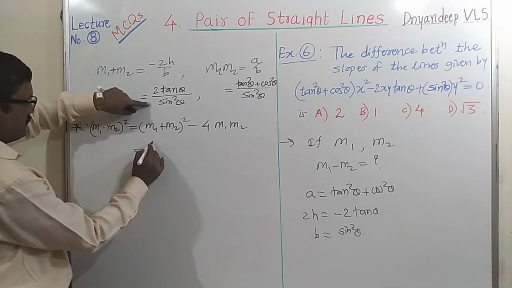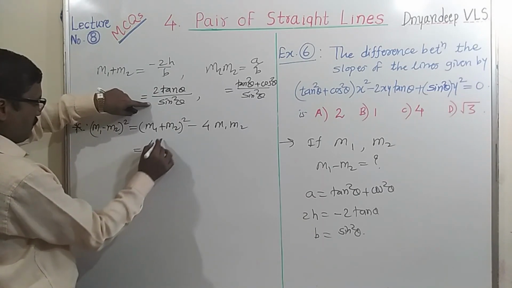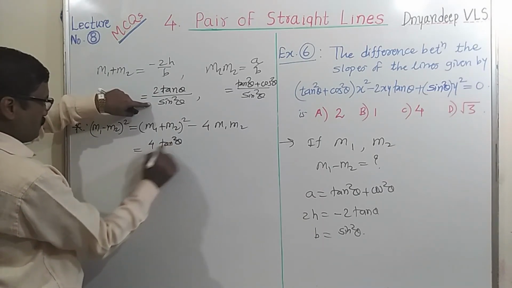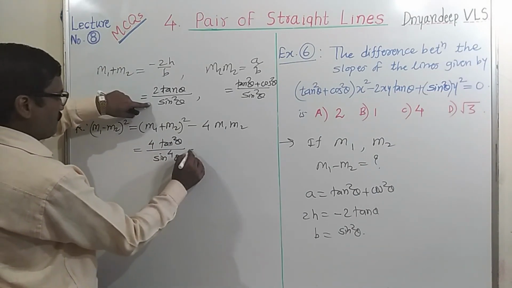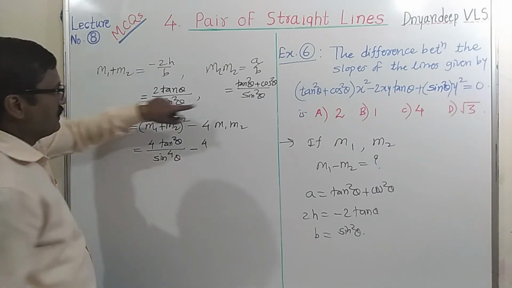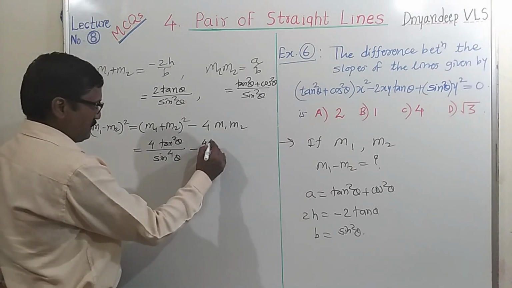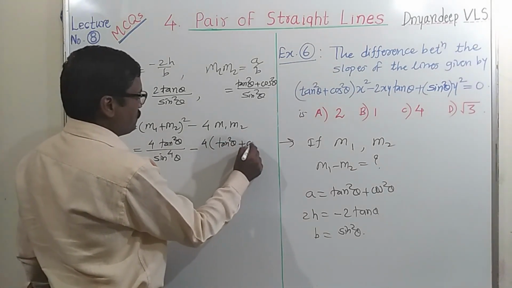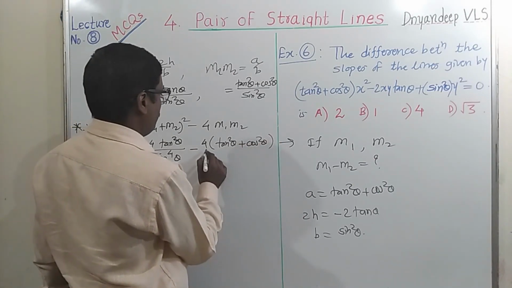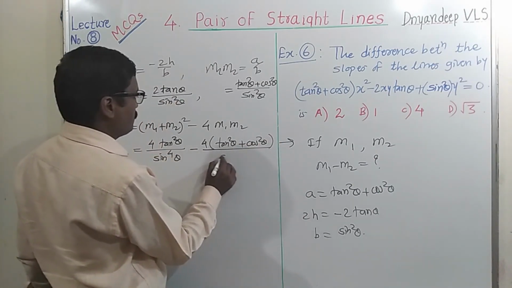So m1 plus m2, taking square, we get 4 tan^2 theta upon sin^4 theta minus 4 into m1 m2 is this, that is 4 in bracket (tan^2 theta plus cos^2 theta) upon sin^2 theta.